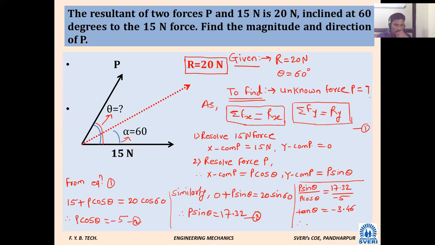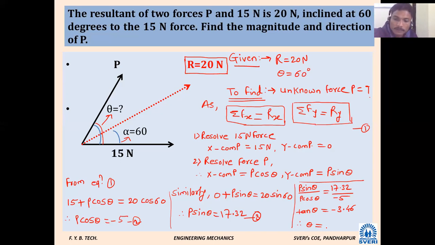Is it possible to calculate theta? Tan inverse of that minus. Just check how much theta is coming.